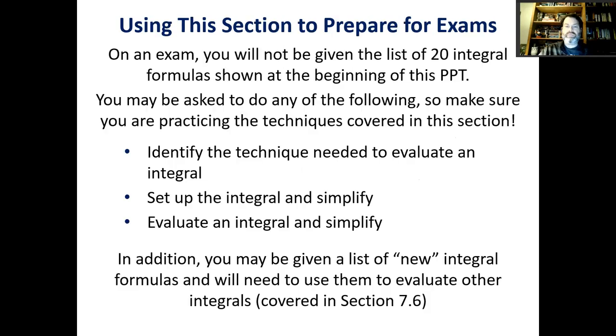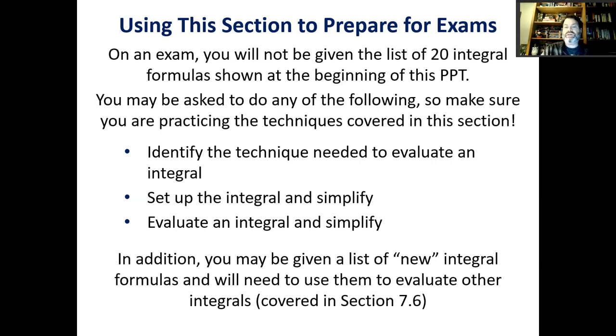All right. Last thing we want to talk about is how do you study for an exam using this? The other stuff we've learned in this class, you basically were told what technique to use, or the way it looked just told you what technique to use, but that doesn't happen anymore. We're in chapter 7 now. So just understand that on an exam, I'm not going to ask you to just do a bunch of integrals.